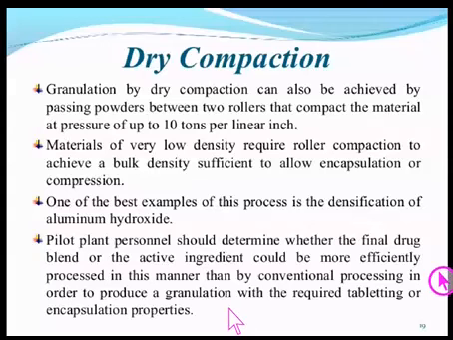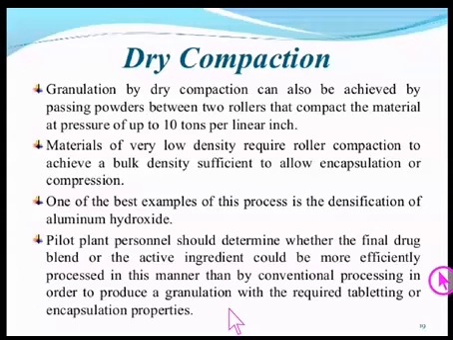So therefore it is advisable to pass it between the rollers having the load or pressure of up to 10 tons that will make that material get pressed and get transformed into compacts or cakes.